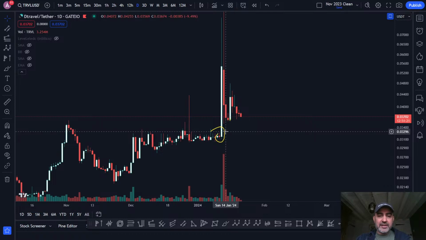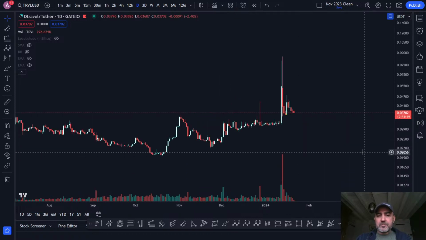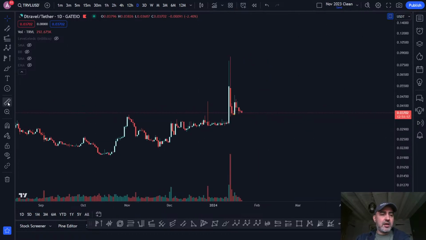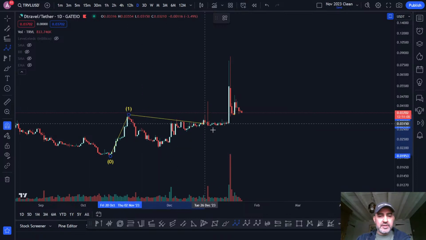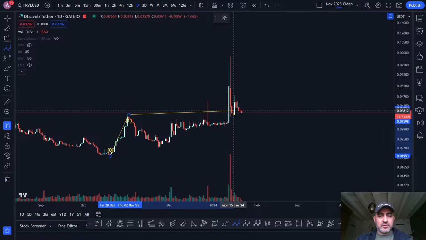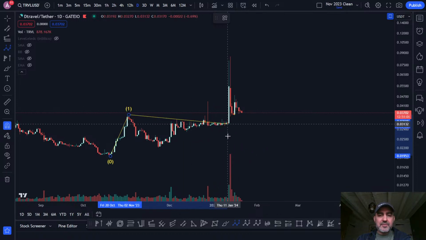Now when it comes to the Elliott waves, if this was a 1, that was a 1. If this 2, I mean, I'm thinking to this point here personally, but you know, I'm going to try this one here as well.